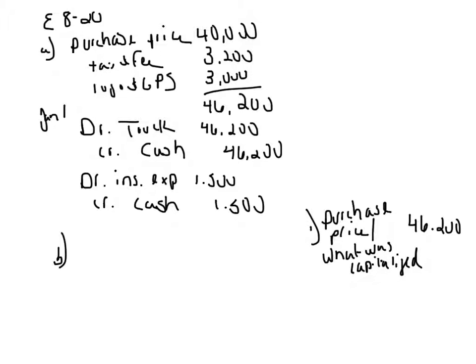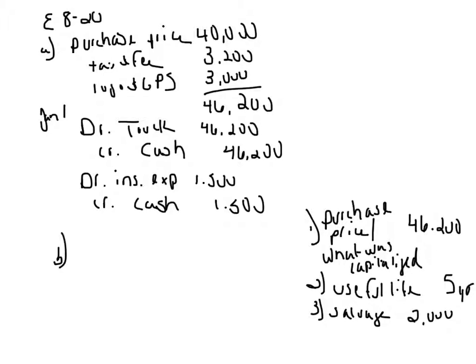You need to know that. You need to know the useful life. Again, this is how long they think they're going to have that asset for, and that is 5 years. You need to know the salvage value, how much they're going to be able to get at the end of the life, like to sell it to a scrapyard or something like that. I think they're going to get $2,000.